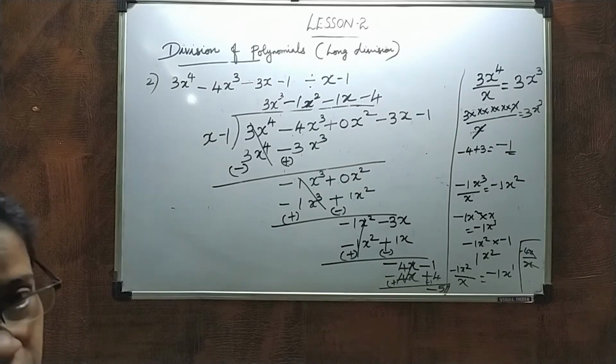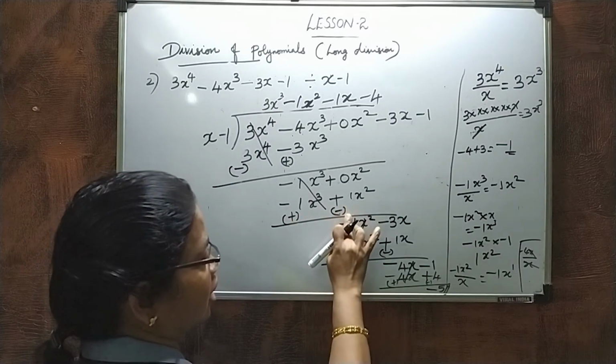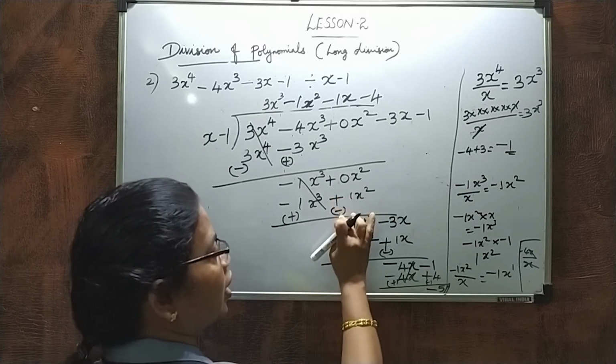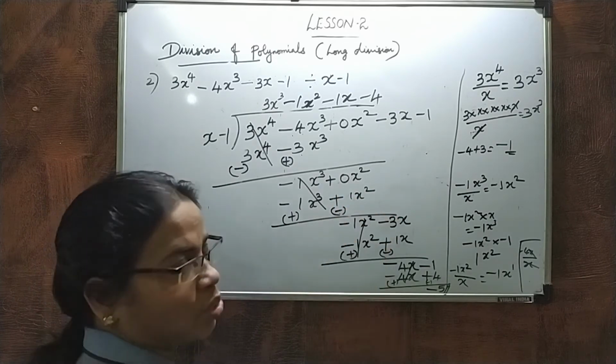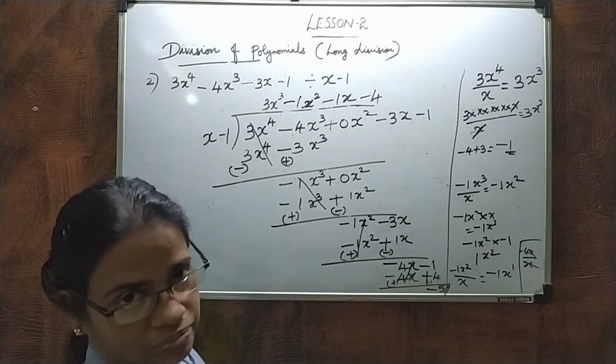After multiplication, subtraction, take the additive inverse and add. Here it is positive, here it is negative. Here it will be cancelled. 0 minus 1, it is minus 1x square. Then write the next term down, only one term.